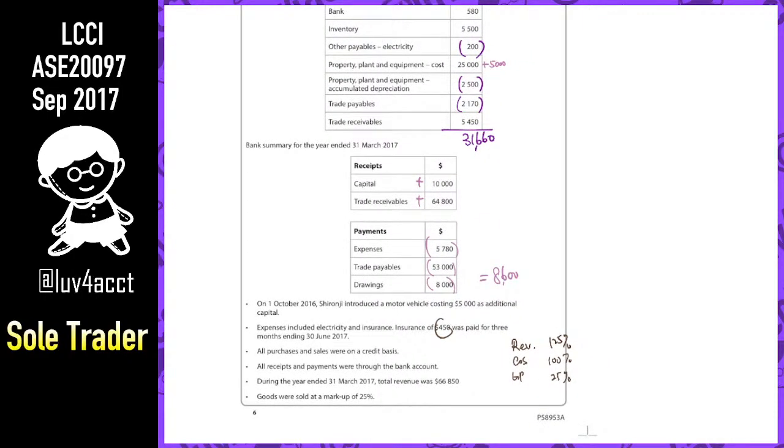Expenses paid being 5780. Okay, and then for the whole year, you have other payables opening balance, so minus 200 other payables opening, and then prepayment closing 450. And then your depreciation 2750.